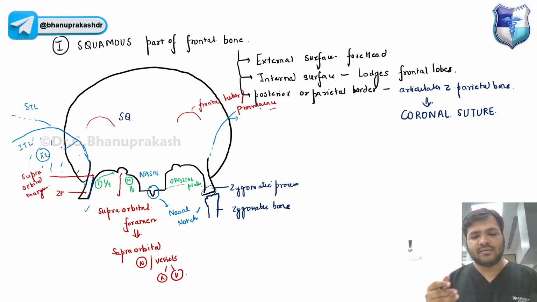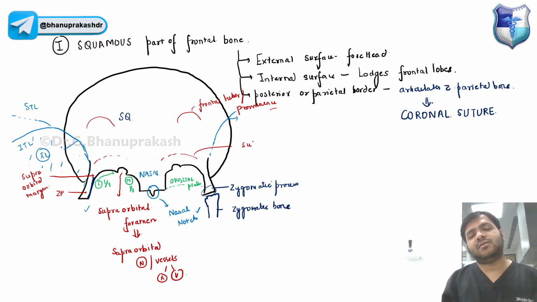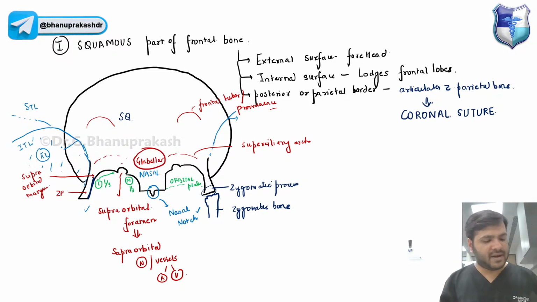Okay, and yes, you already know we have the superciliary arches, and the meeting point of the two superciliary arches is called the glabella, right? So these are all the important points that you guys should know.